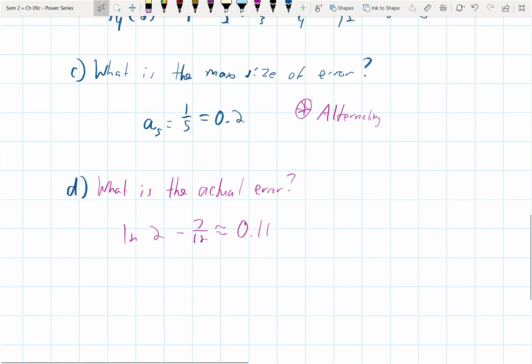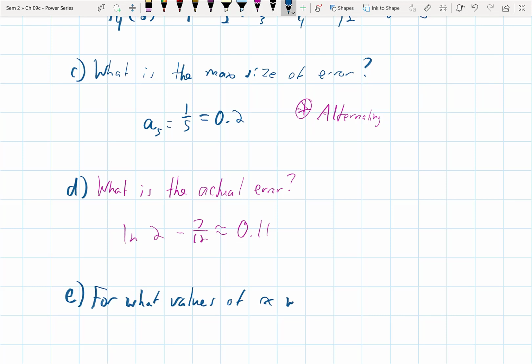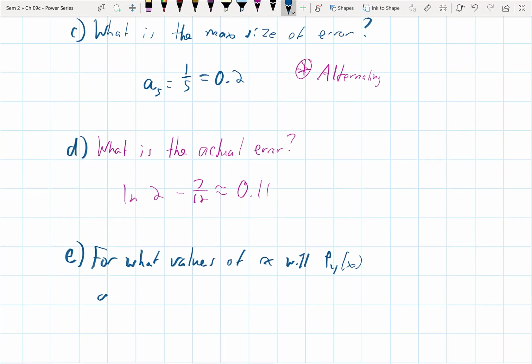It's somewhat close. You can probably hypothesize as to what we could do to make it a closer approximation. But lastly, I want to figure out for what values of x will P4 of x approximate the natural log of x with an error less than 0.2.